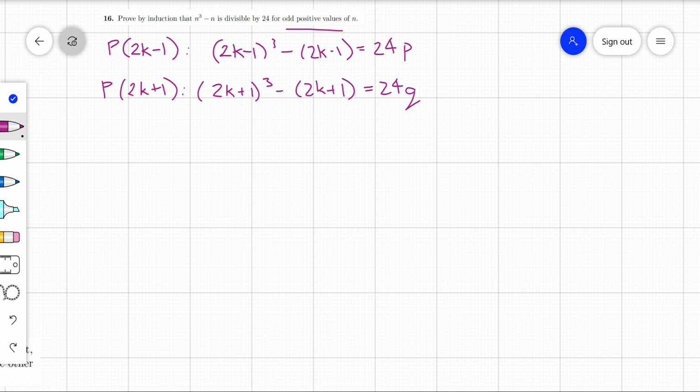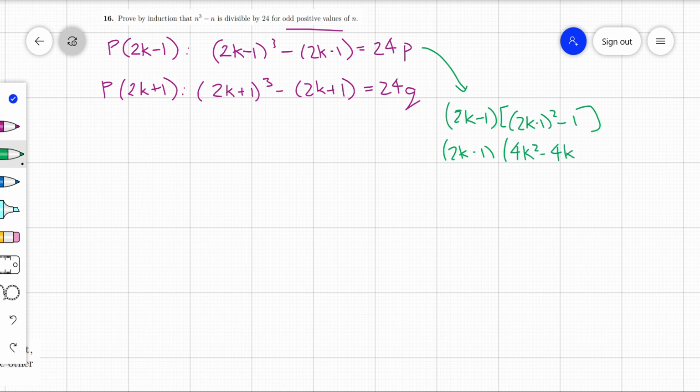Alright, so what we might want to do is just expand this out. Just do some algebra, but maybe you want to start with factorizing by 2k minus 1, which makes it a little bit easier to expand. So we've got our 2k minus 1, and here we've got our 4k squared minus 4k plus 1 minus 1.